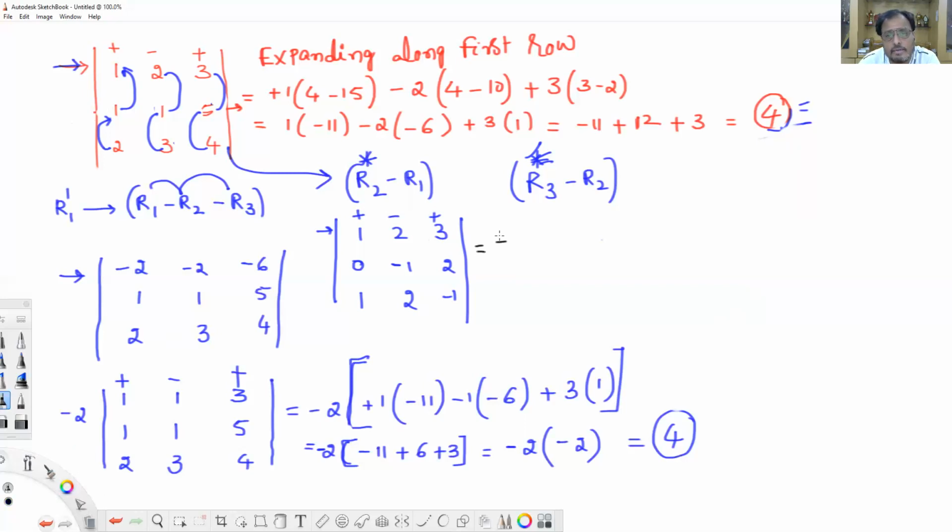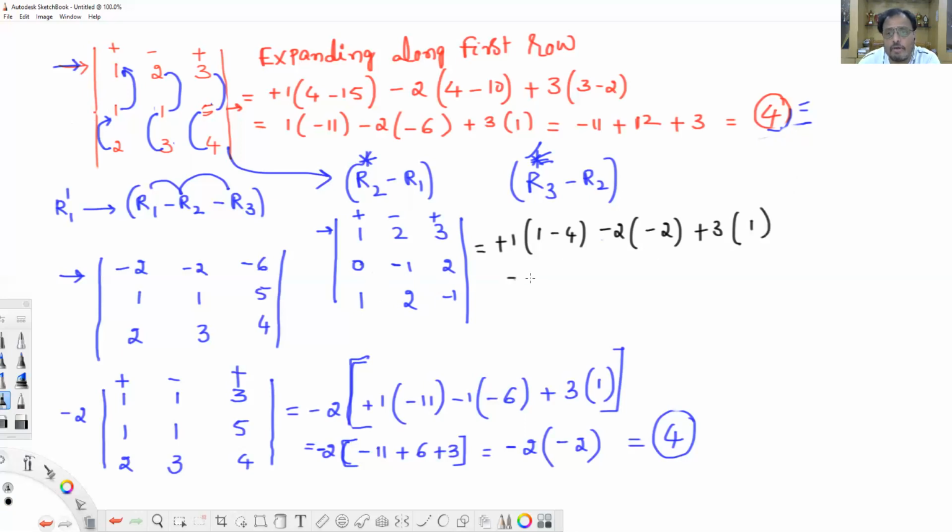Here you see plus 1 into 1 minus 4, minus 2 into 0 minus 2, and plus 3 into 0 plus 1. 0 plus 1 is 1.